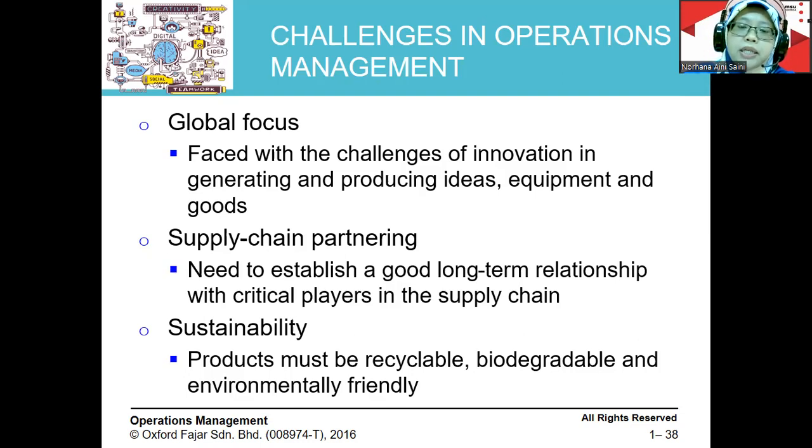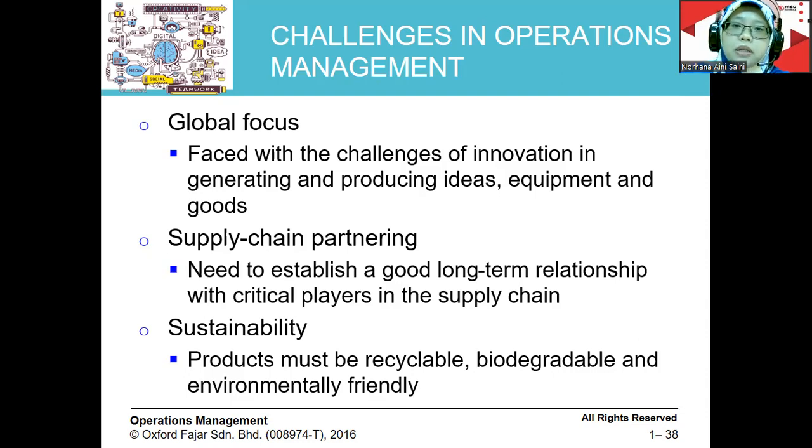Next one is sustainability. For sustainability, the product must be recyclable, biodegradable, and also environmentally friendly. Nowadays, people are looking for green products, products that can be recyclable and biodegradable, because there will be issues towards the environment also.